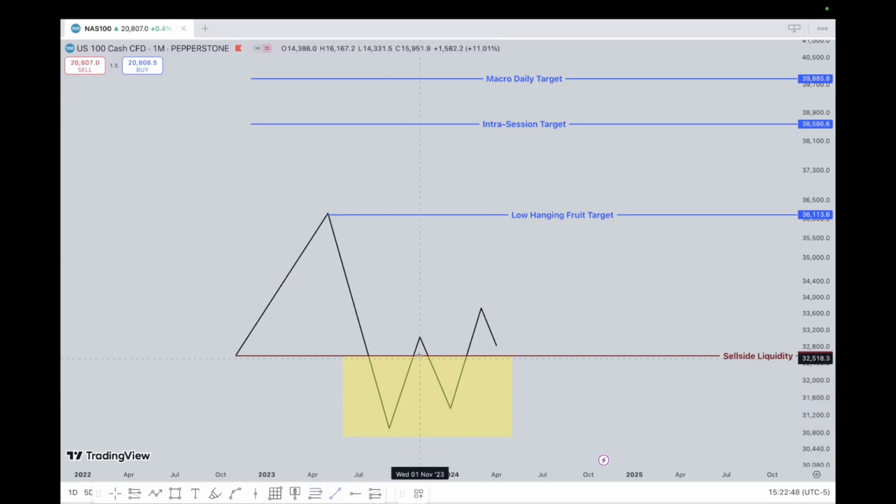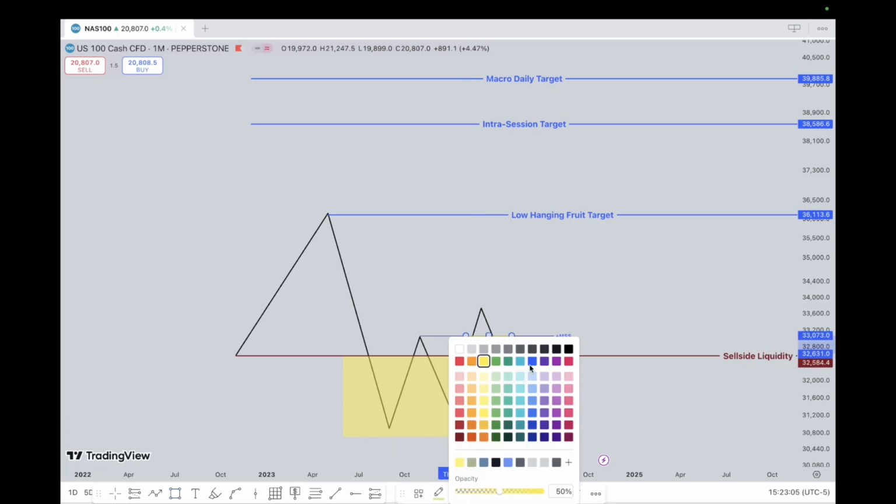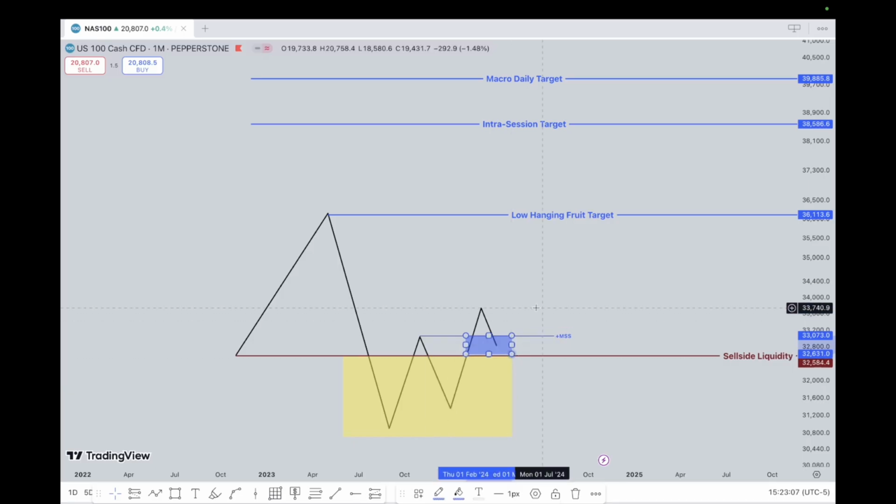Let me just draw this out for you so you can take a screenshot. All right. Market structure shift.